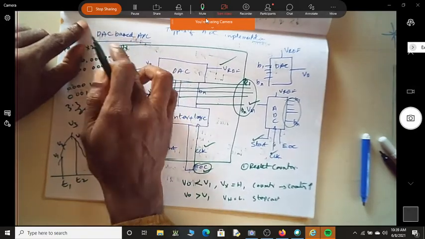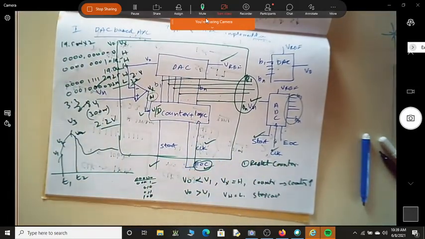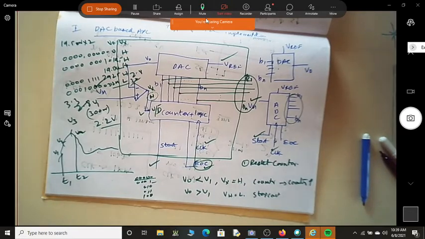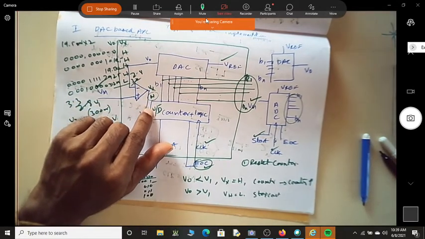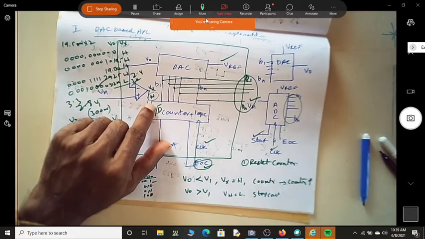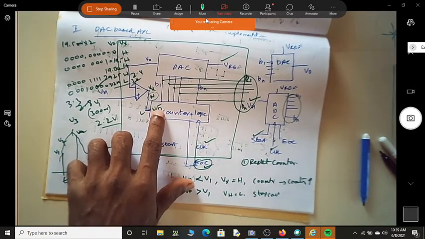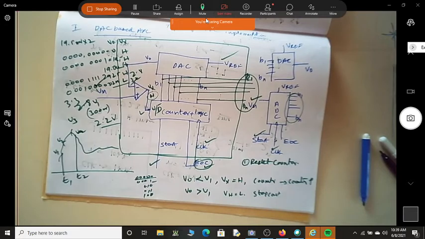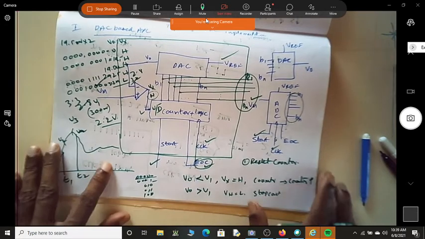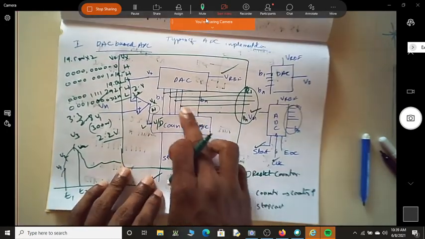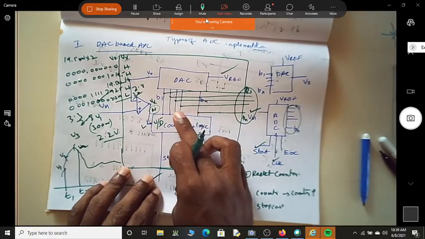That way, these ADCs which are based on DAC can have a better conversion. If you are modifying this logic from simply up count and resetting it, you can just make it up count or down count. So inside, of course, there is a lot of change in the logic that should happen.